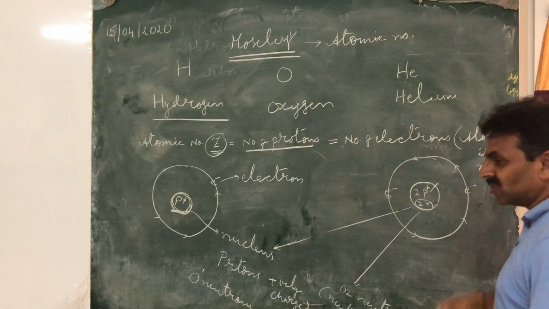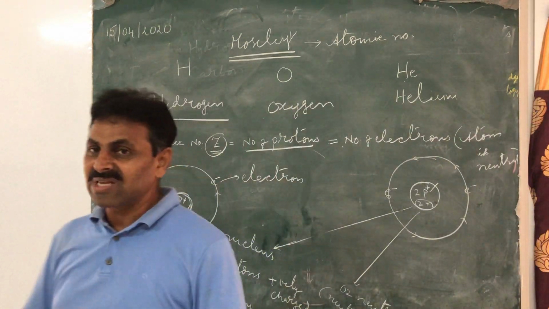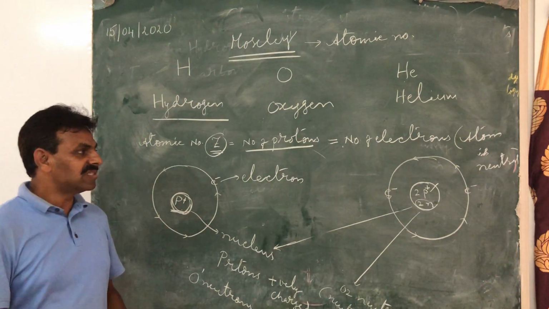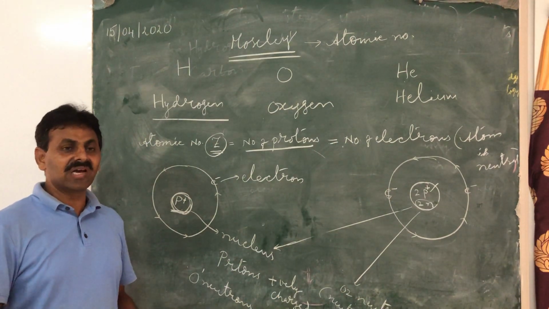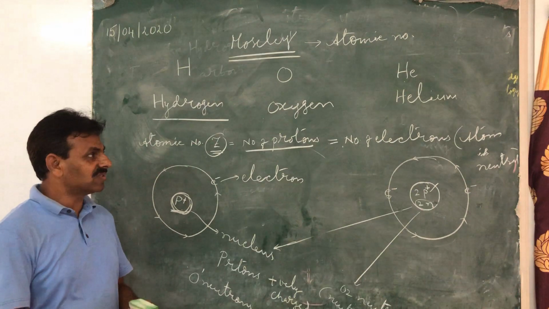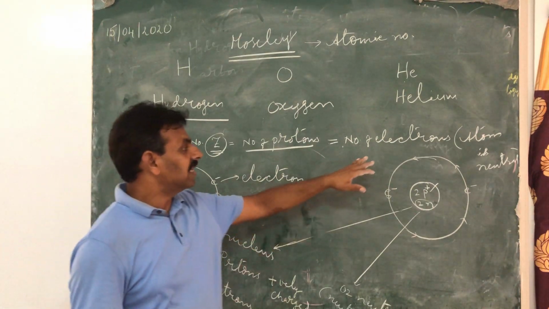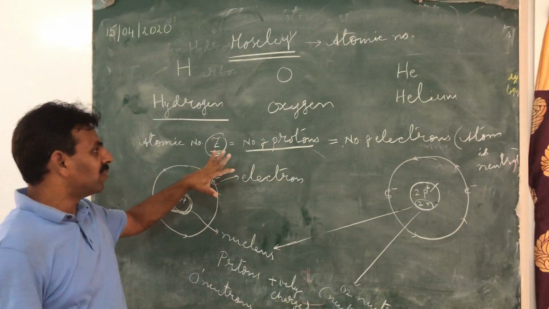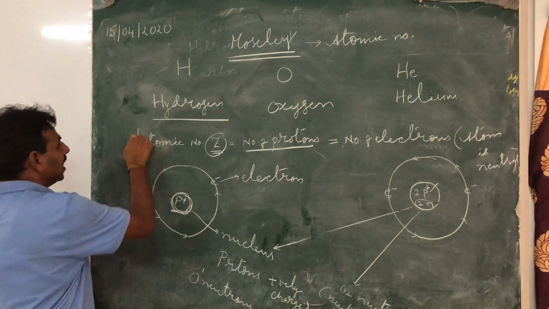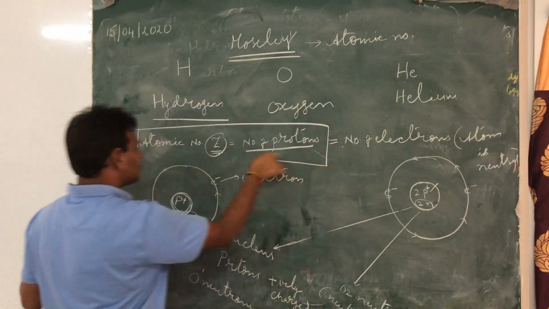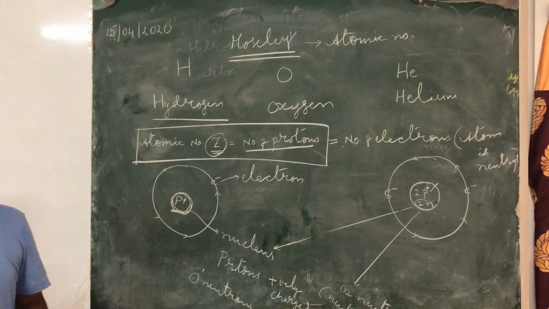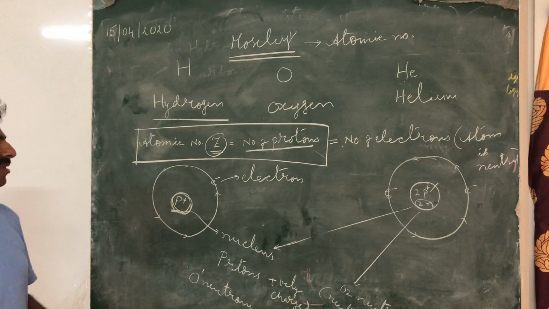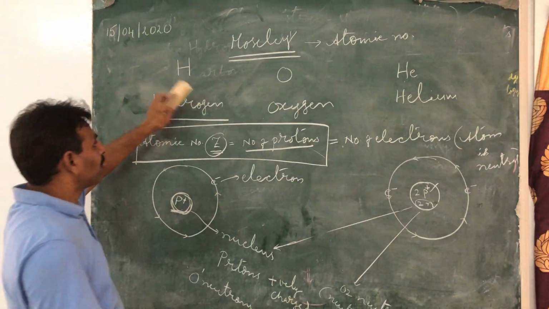If the atom becomes an ion, positively or negatively charged, called cations and anions, then it will not be equal to atomic number. Therefore, remember, atomic number is always the number of protons.